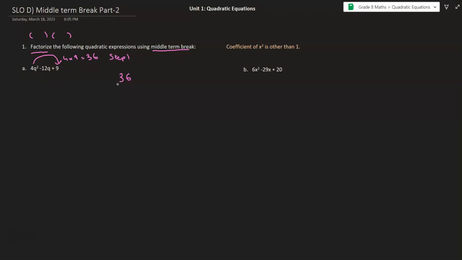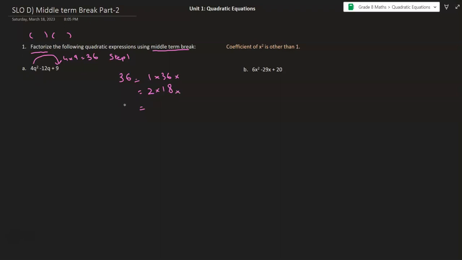So now I have to find a possible combination of 36 that when multiplied gives me 36, and when added gives me -12. Let's see the combinations. 1 into 36, and then we have 2 into 18. If I add them, I don't get 12. So this is not the answer. 2 plus 18 is 20, minus 16.